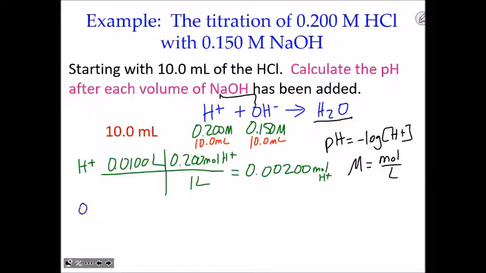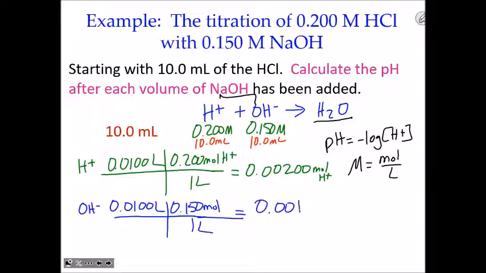There's my H plus, and for my hydroxide here. As you can see, this is really just starting to look a lot like Unit 1 solution stoich. Then all I have to do is subtract them. What do we get?